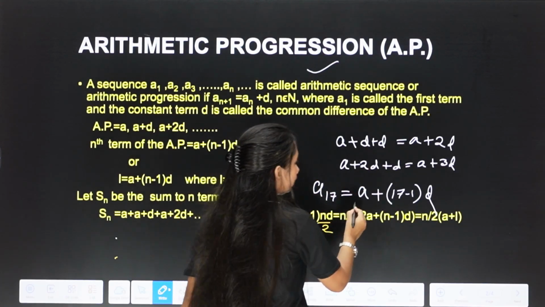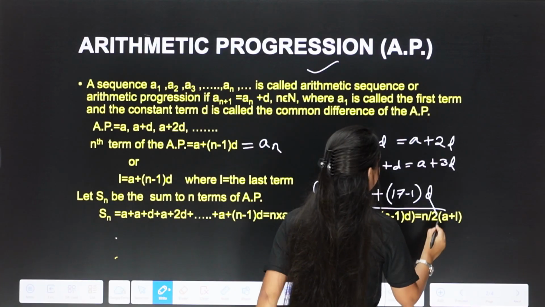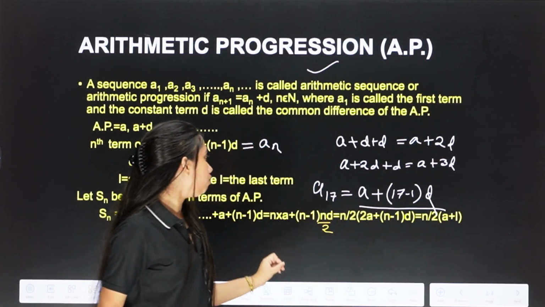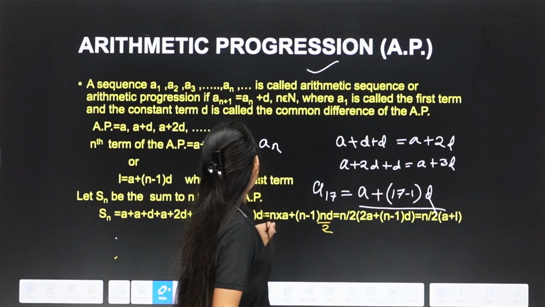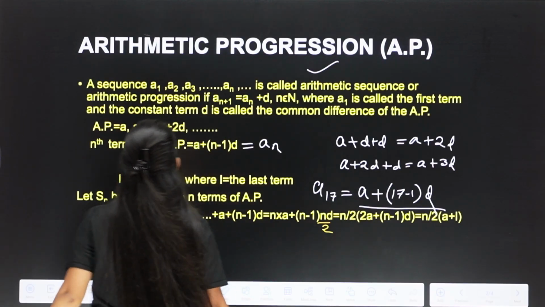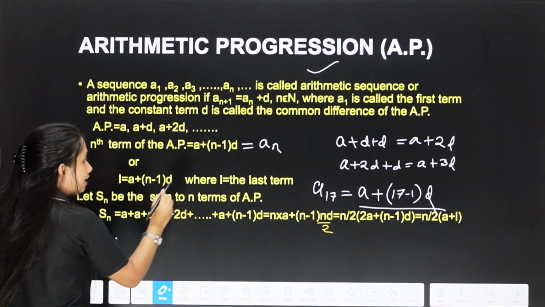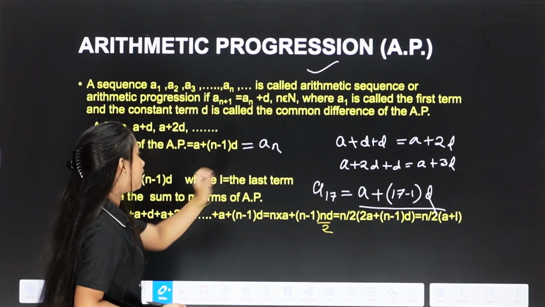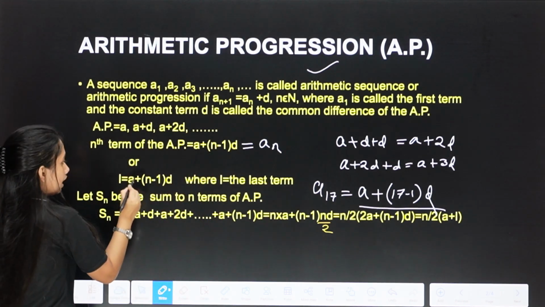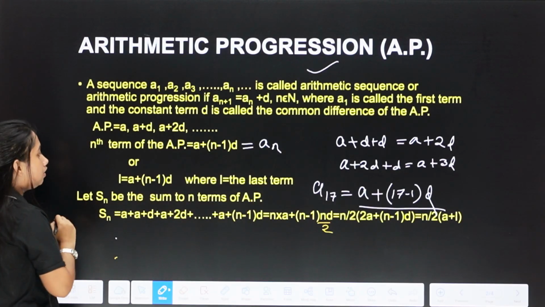After that, if we solve this equation, we will find a value which will be the 17th term of this sequence. Again, we represent the last term as L. If AN is the last term, then L is equal to A plus n minus 1 into D.